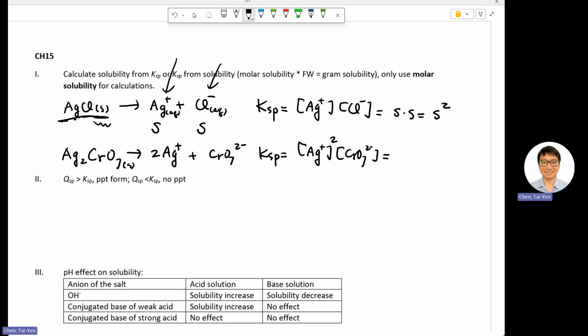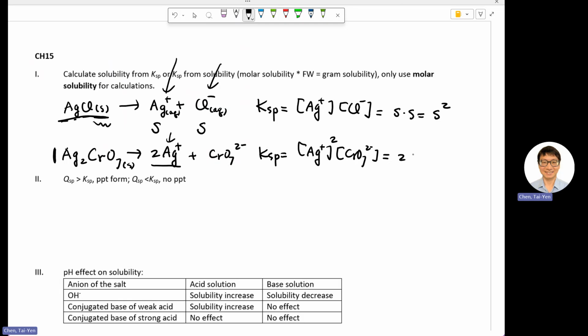If the solubility of your insoluble salt is S, then what is the concentration of your Ag+? It will be 2S. If you dissolve 1 Ag2CrO7, you produce 2 Ag+, so if the solubility is S, your Ag+ will be 2S.